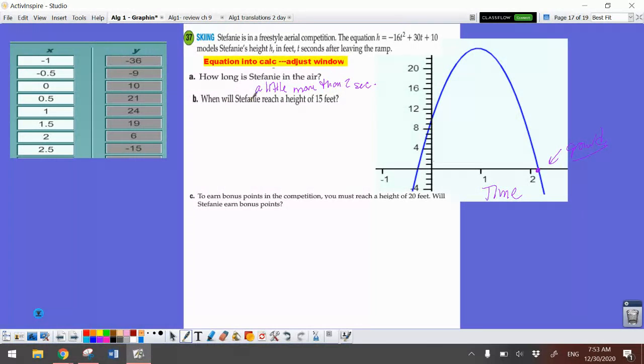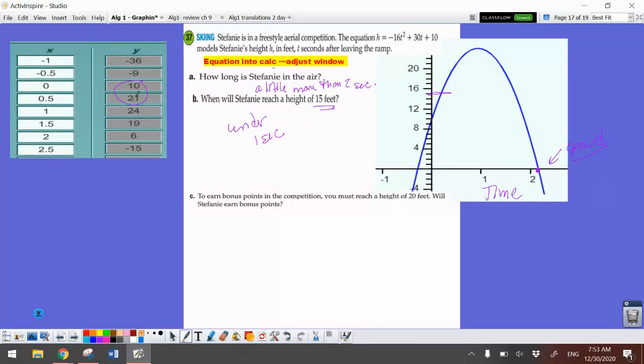It says, when will Stephanie reach a height of 15 feet? Well, 15 feet is approximately right here, so she is under 1 second. We'll come over to our data and see if we can take this a little further.